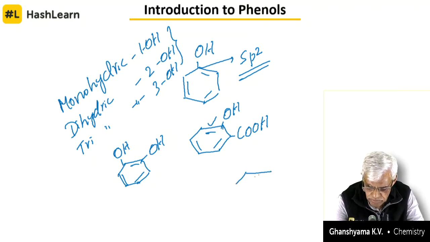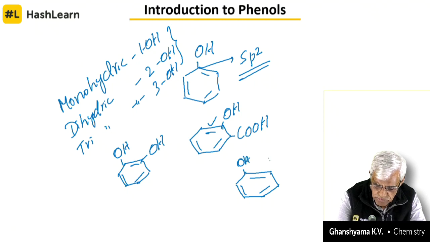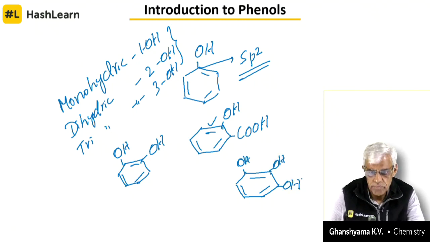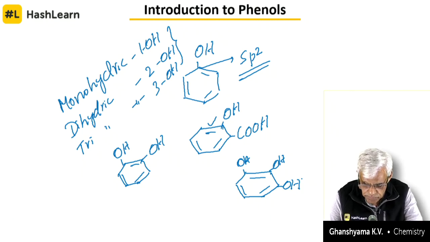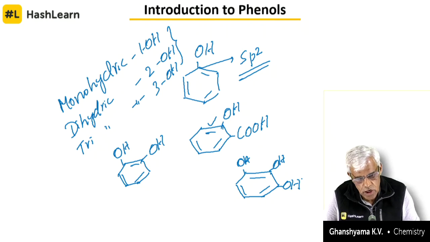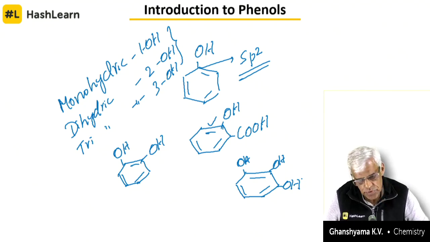Trihydric phenol is pyrogallol, benzene ring with OH, OH and then OH, pyrogallol. This is trihydric phenol. Okay, that is more than sufficient for the classification of phenols.